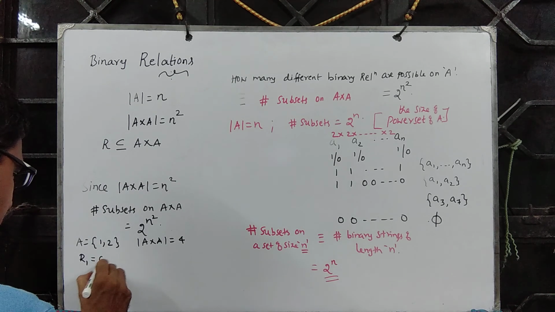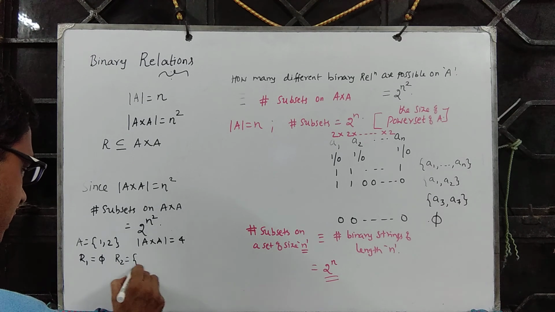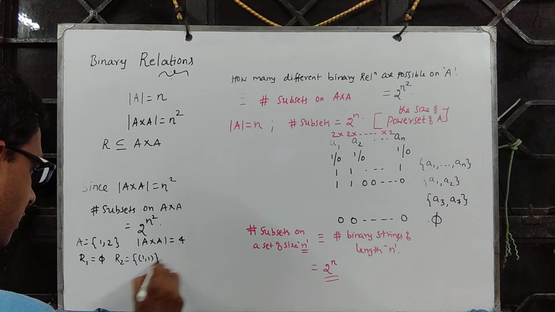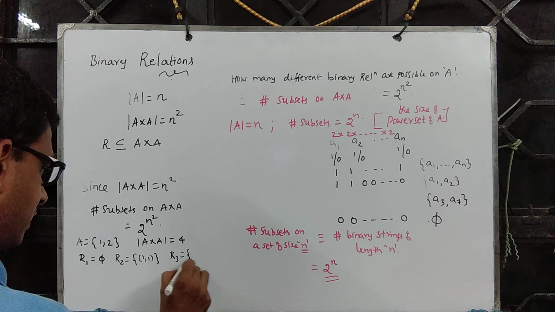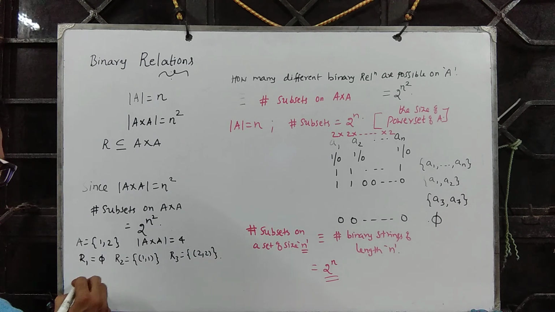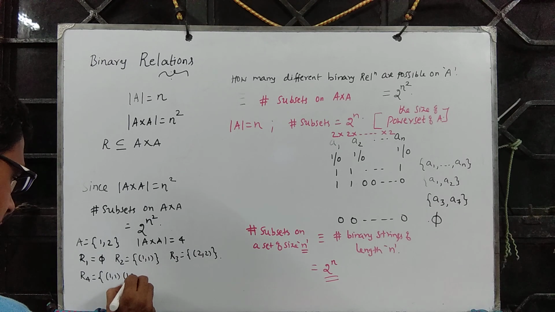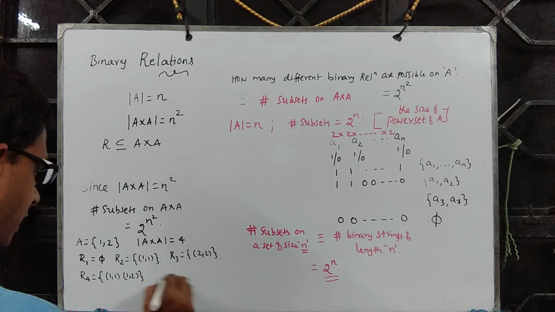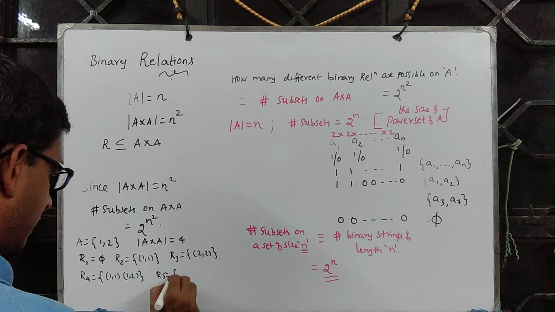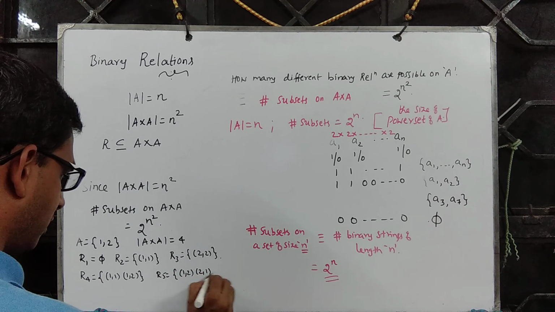The first relation is empty, the second relation is {(1,1)}, the third relation is {(2,2)}, and the fourth relation is {(1,1), (1,2)}, and the fifth relation is {(1,2), (2,1)}.